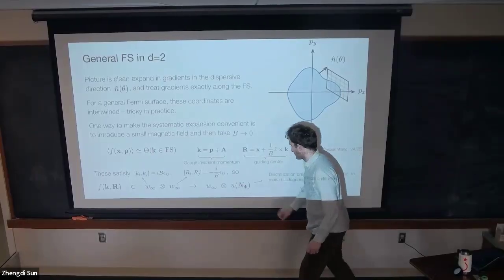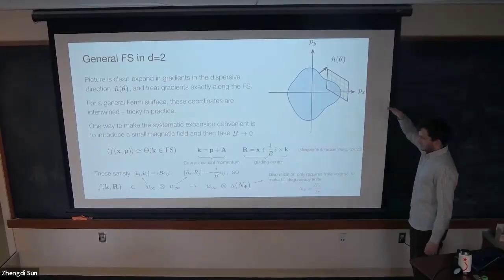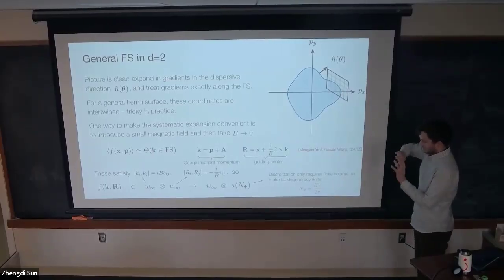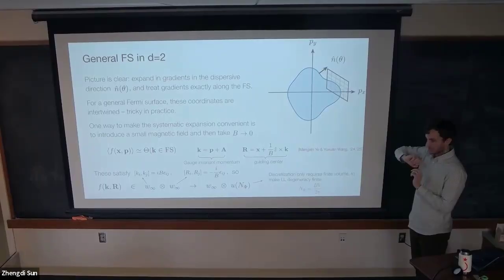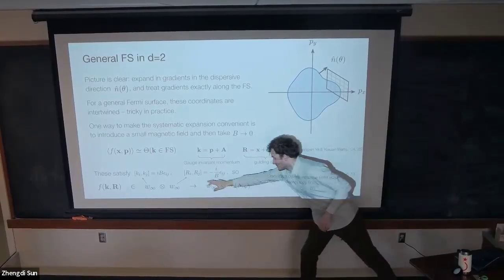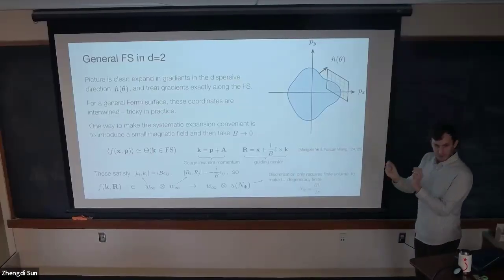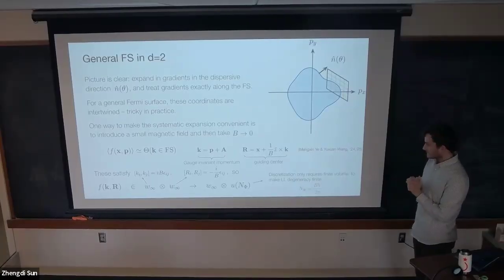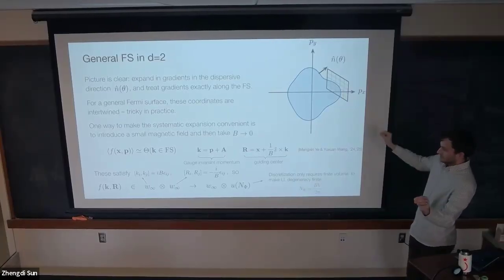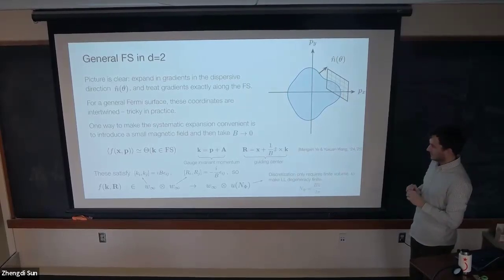We'll discretize this factor. To discretize it, unlike for the wire case, all you need to do is put the system in a finite volume, say on a torus. Because of the magnetic field and the fact that these coordinates don't commute, that immediately discretizes it and gives you both a UV and an IR cutoff. An IR cutoff in Rx is a UV cutoff in Ry because the two coordinates don't commute, so you can have discretized spaces.